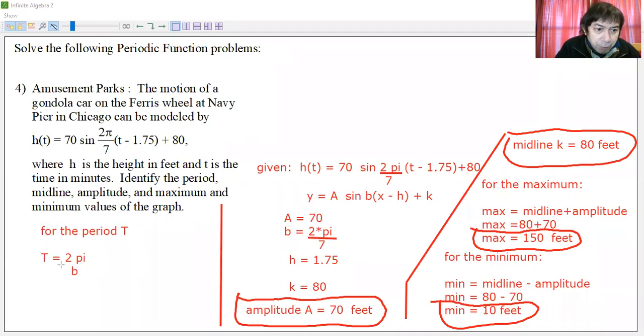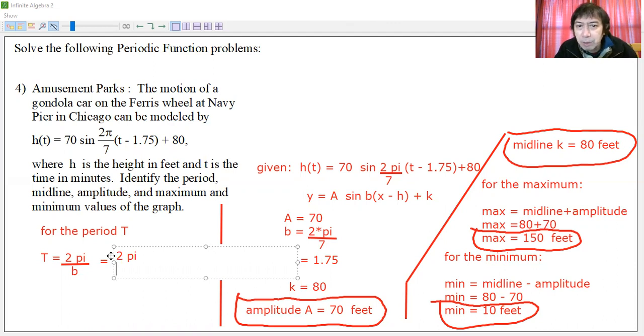This is our formula. And so we will continue with the numbers. This is equal to 2 pi divided by our b.